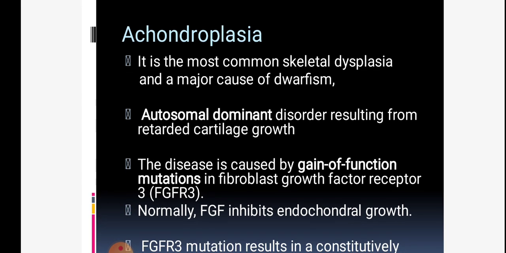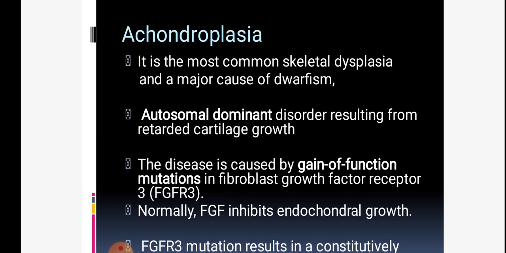Now, what do you mean by achondroplasia? It is the most common skeletal dysplasia and a major cause of dwarfism. The autosomal dominant disorder resulting from retarded cartilage growth. The disease is caused by gain of function mutations in fibroblast growth factor receptors.